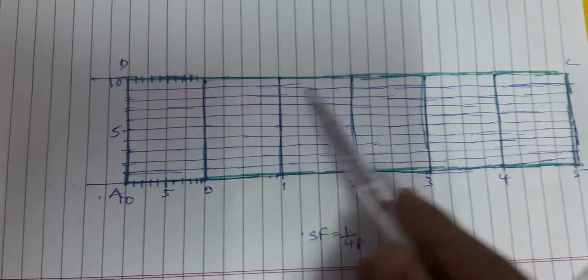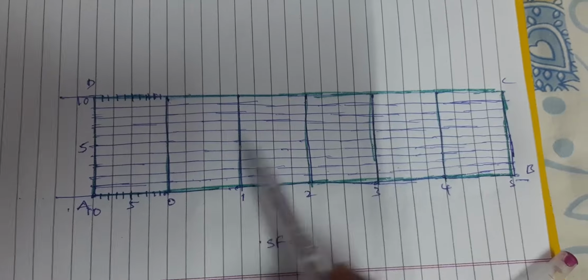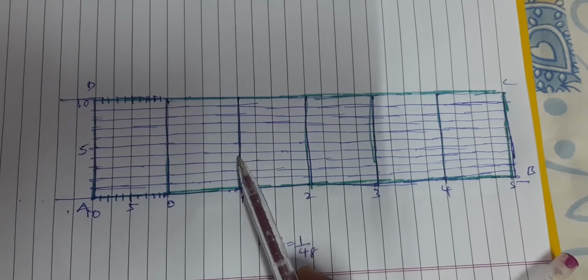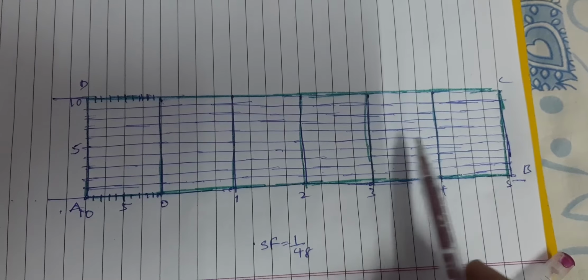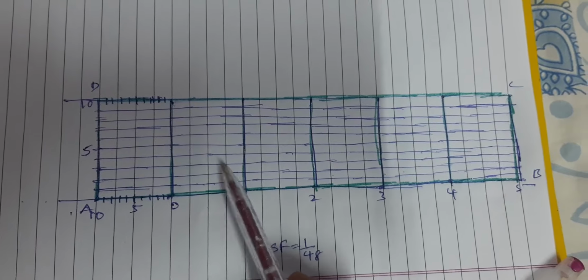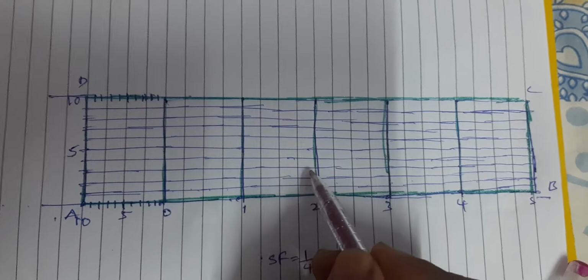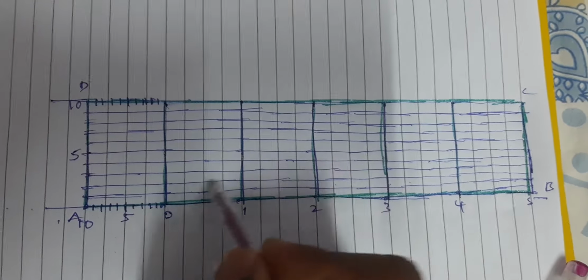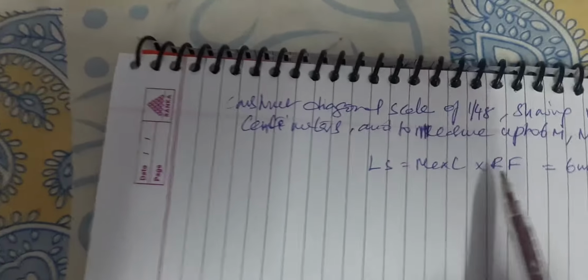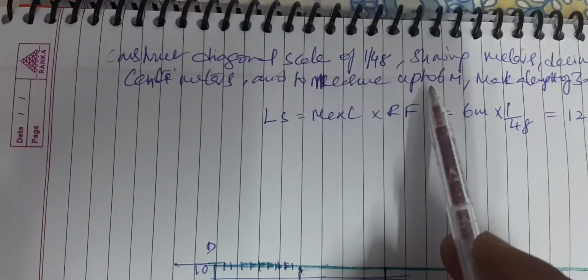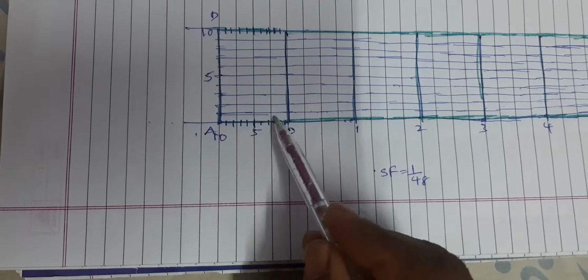Next, divide this rectangle into 6 equal parts by the inclined line method. The 6 equal parts represent the maximum length of 6 meters, so each division represents 1 meter.